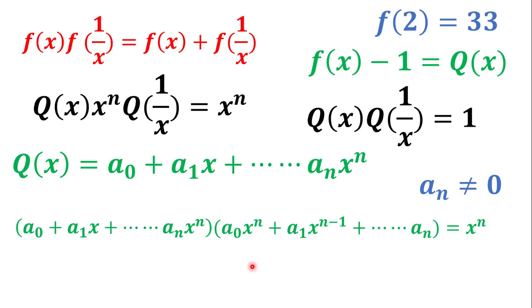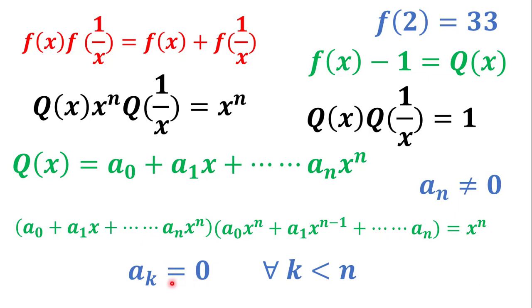So all terms on the left hand side that have x to the power k, where k is less than n, the coefficient of these terms is equal to 0. Or we can say for k less than n, the coefficient ak is equal to 0.